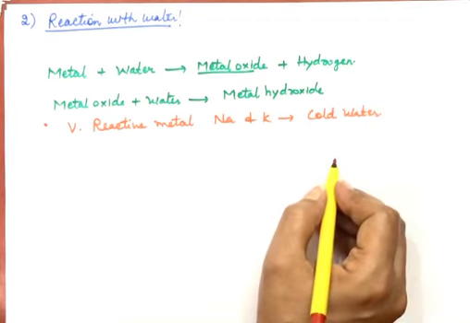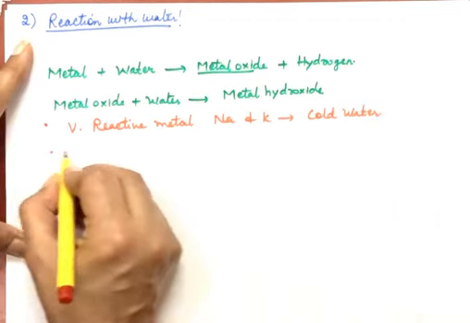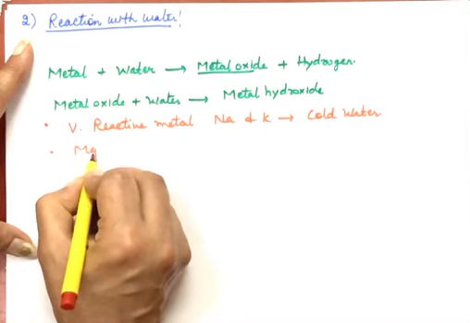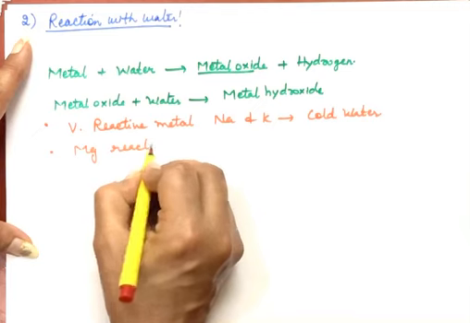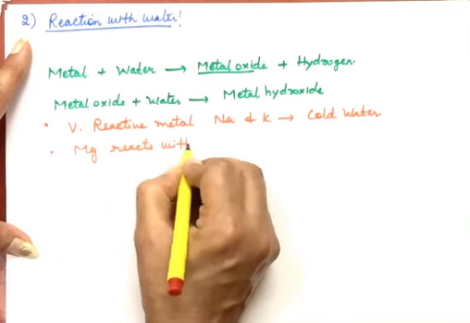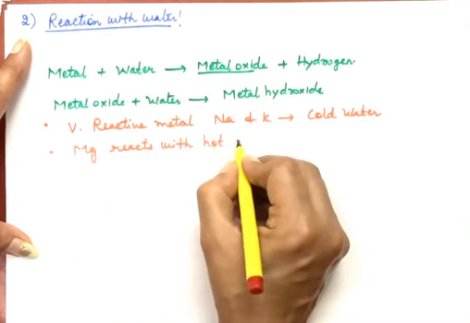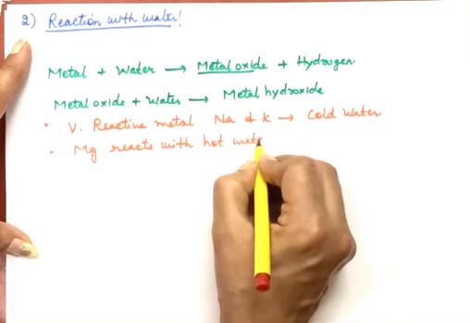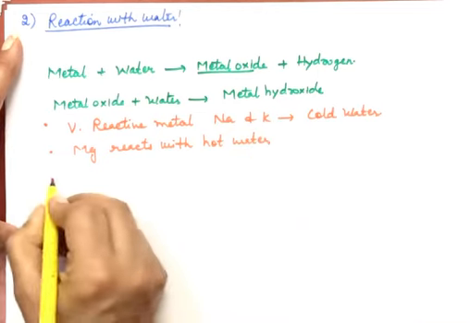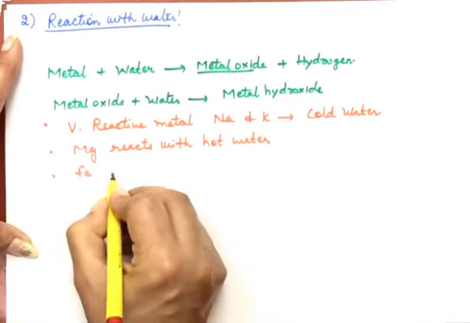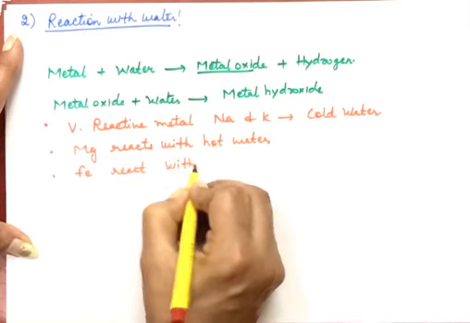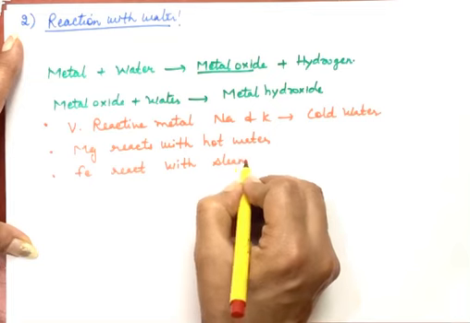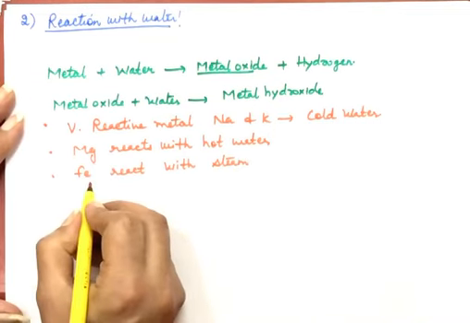Cold water, with that also they can react. Then if we take magnesium, it does not react with cold water, but it reacts with hot water. Then only the reaction will take place. That shows that magnesium is less reactive than sodium and potassium. And if we take iron, iron does not react even with hot water, but it reacts with steam. So this shows that iron is less reactive than magnesium.